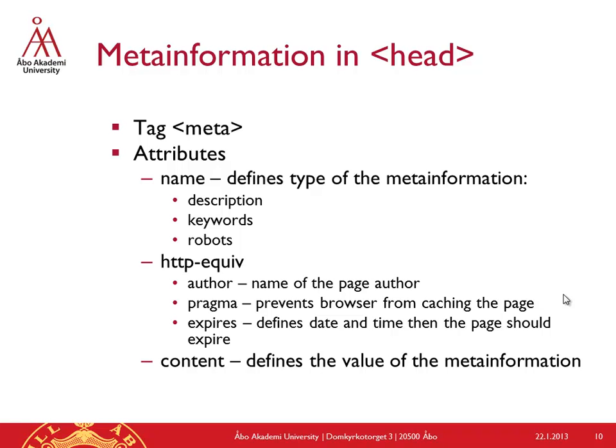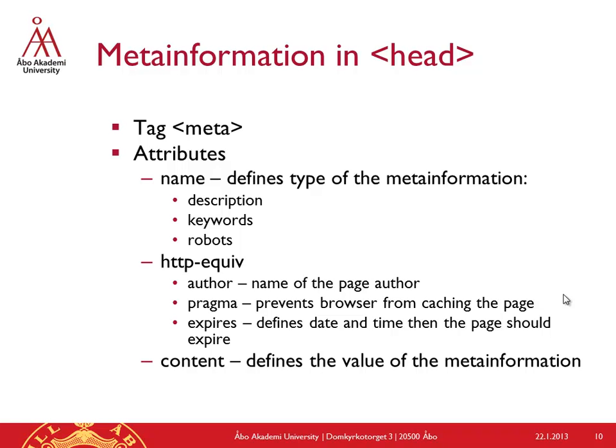You cannot see it in a browser window usually, but on the web, where can you find these descriptions? Yes? Yes, good. For example, with Google search, you can see this description related to each link of your search results. So basically, this information is acquired by, for example, search engines.